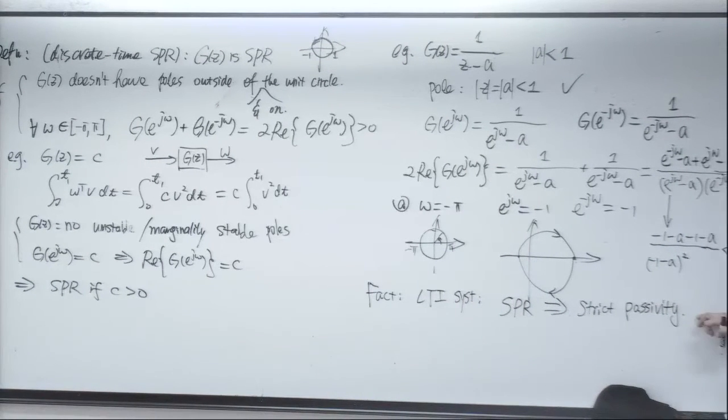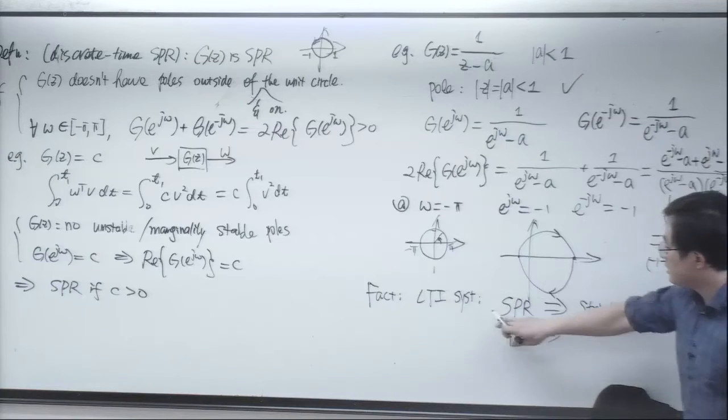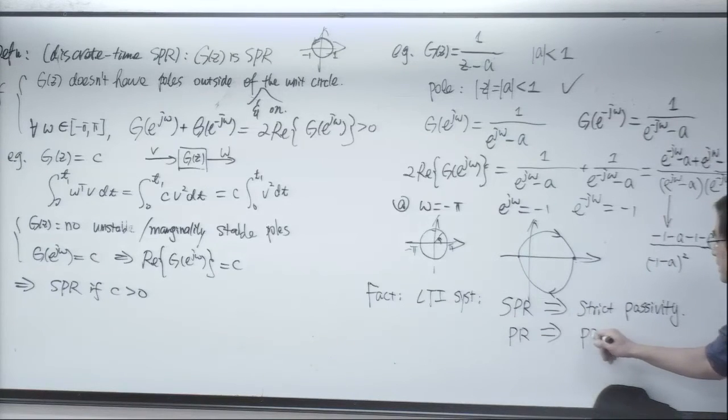So that's how it connects to our prior general concept. Okay? So the full statement is, if it's positive real, if it's not strict, then it is passive.